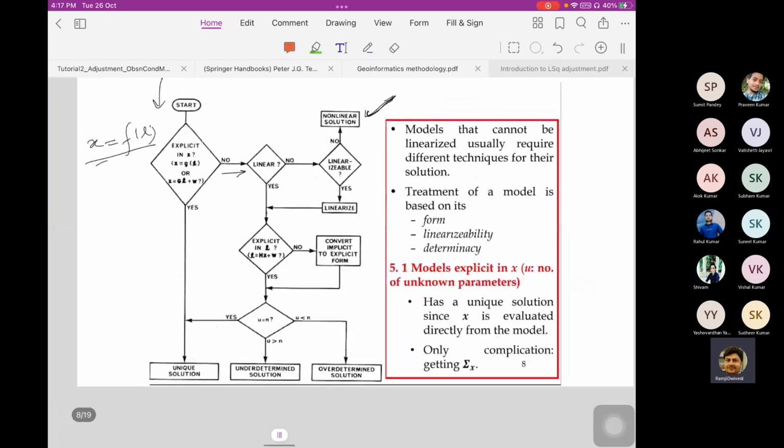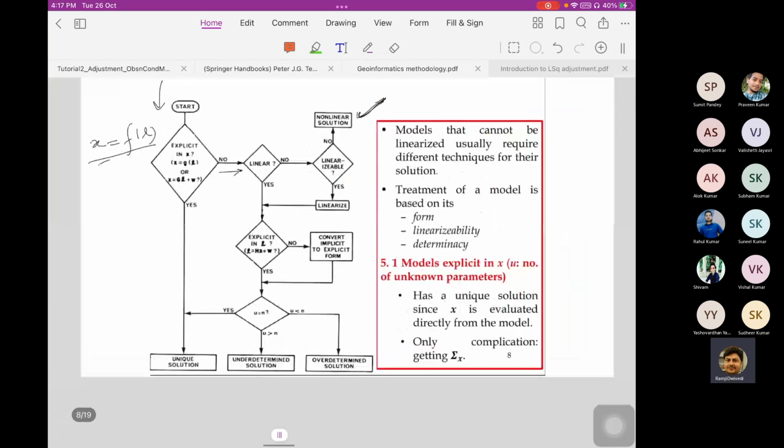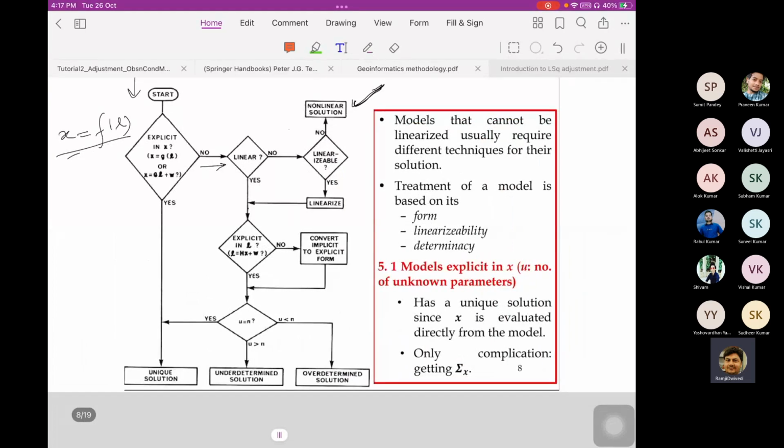So these are the questions that will start, and we will go back to look at the function, how the functions can be written. If it is explicit in X, that means X is clearly written as a function of L. Please remember this part I'm talking about.